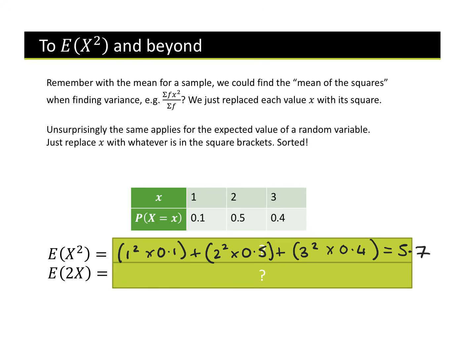Okay, for E of 2x, what are we going to do here? 2 times 1 times 0.1 plus 2 times 2 times 0.5 plus 2 times 3 times 0.4, which is 4.6.